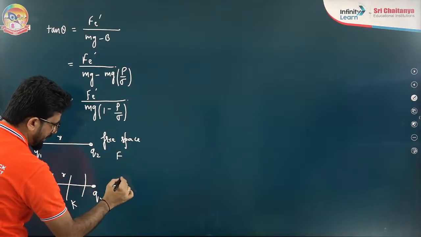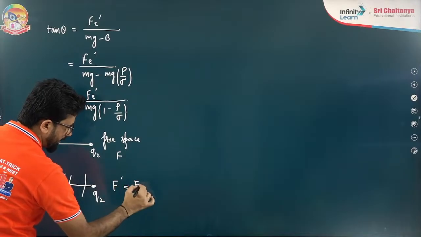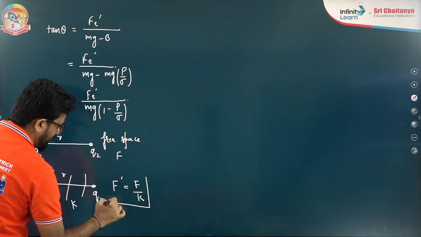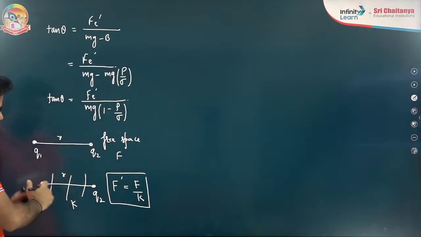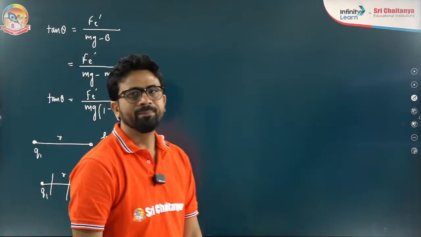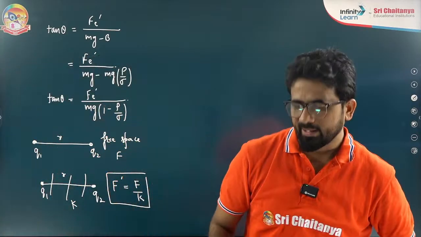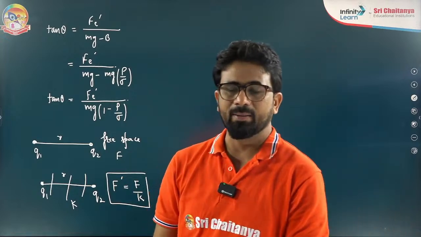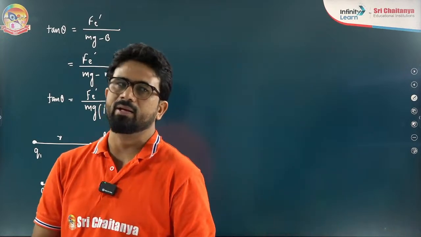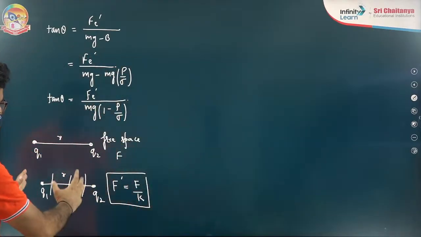What is the new force here? F prime is equal to F by k. That means whenever you fill the space between the point charges with a medium, the force decreases by k times. Now wait, I am telling a very important concept here. What is the meaning of this dielectric constant?